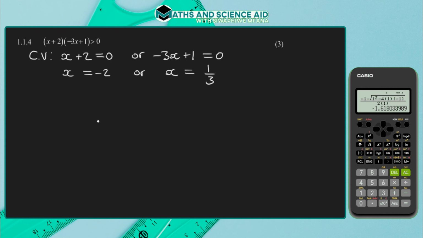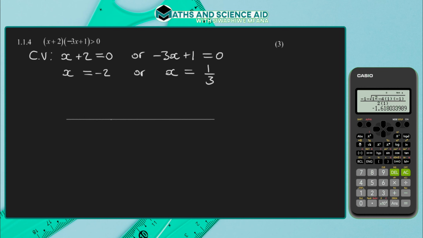Okay? And now that we have the critical values, I would propose that you use the number line method in order for you to determine the solution. So you just draw a straight horizontal line, and then along the line you need to indicate the critical values in the correct order. So here we've got negative 2 and 1 over 3.